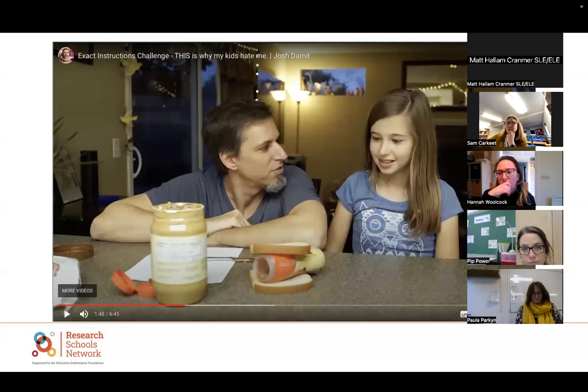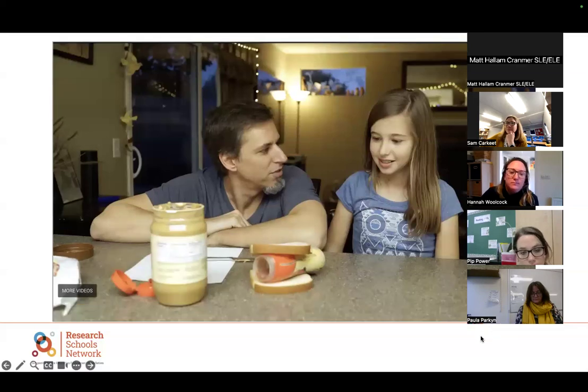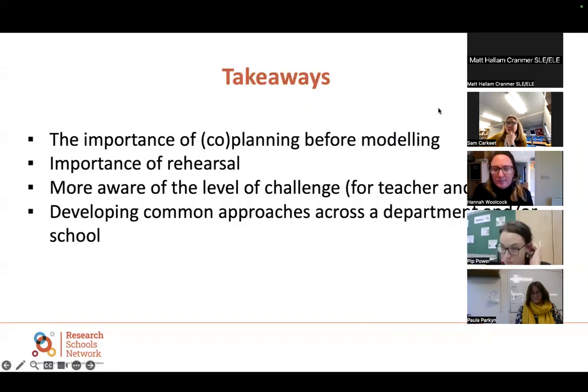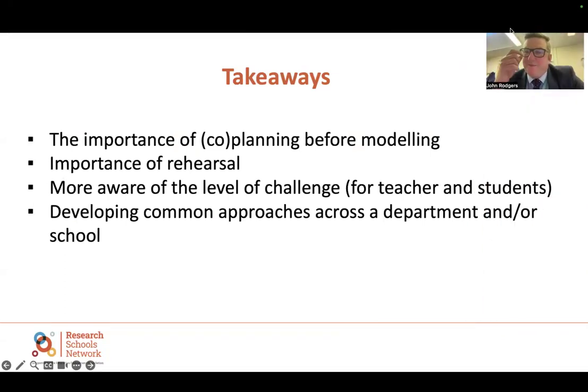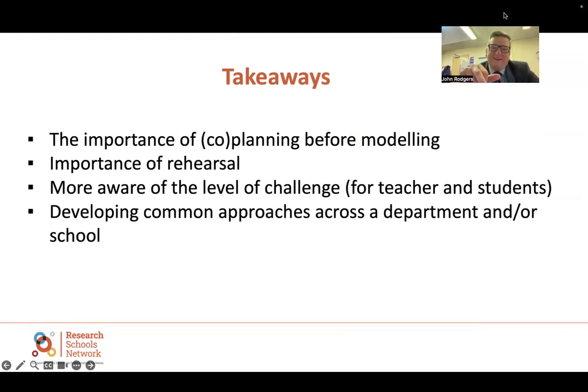Absolutely. Right, hang on, I've got to go back to the slides. There we go. So obviously planning is really important for us to consider, and for the students to consider, but what I was writing here was about when we're modeling, to really carefully think about exactly what we're doing when we model.